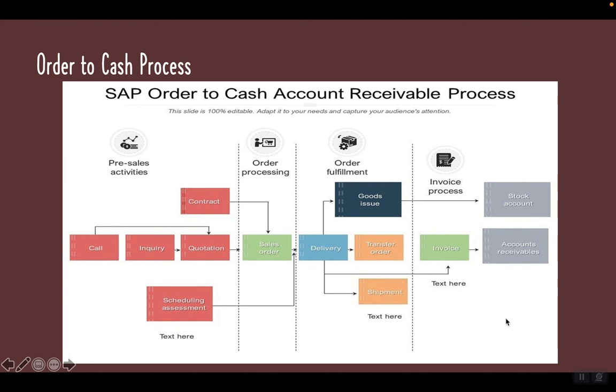And ultimately what ends up happening is we exchange material, we transform our material into cash. So that's really what the order to cash process does. And this is the high level view of the exercise we're going to be doing with SAP.